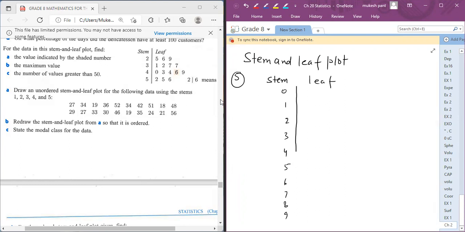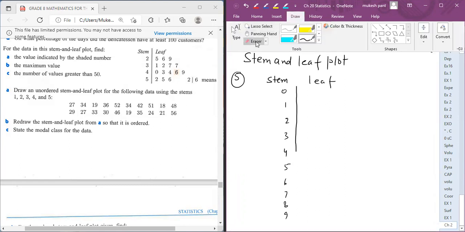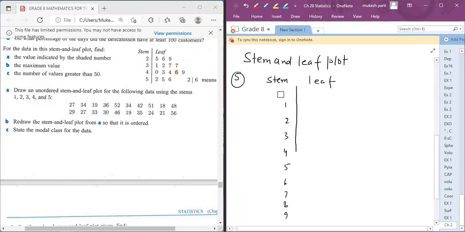Since there is not any single digit in this data, it is not necessary to write 0. Even if you write it, there is no problem, but since there is no single-digit number, no need.